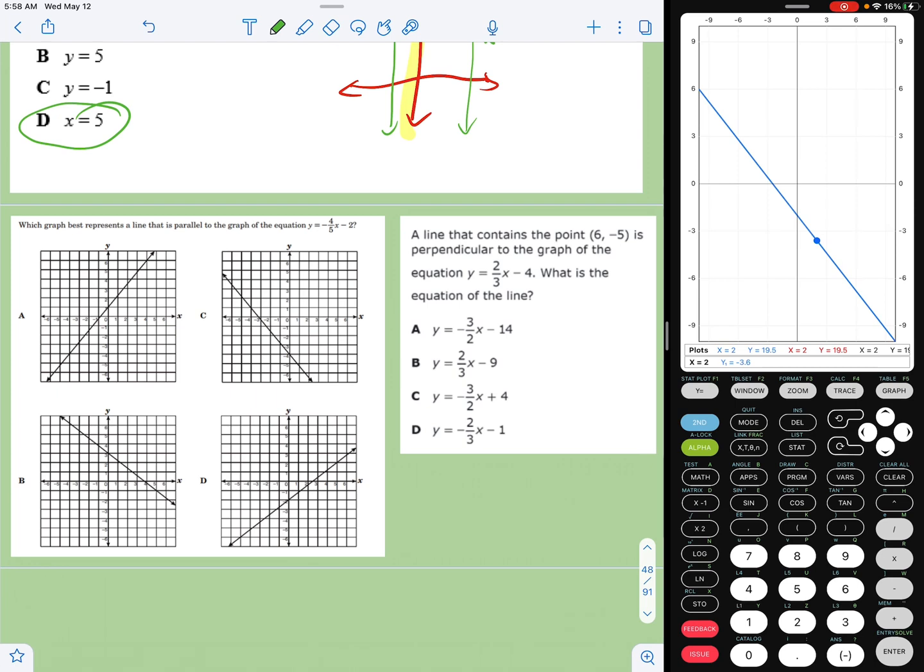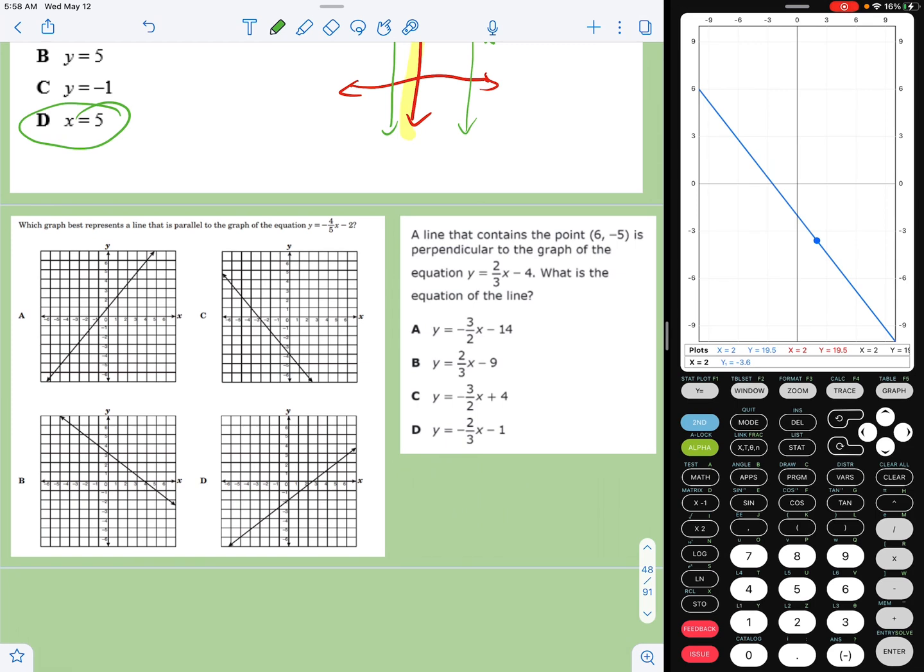Notice how this graph is going down, and the y-intercept is below the x-axis. So, okay, cool. Know a little something about it.